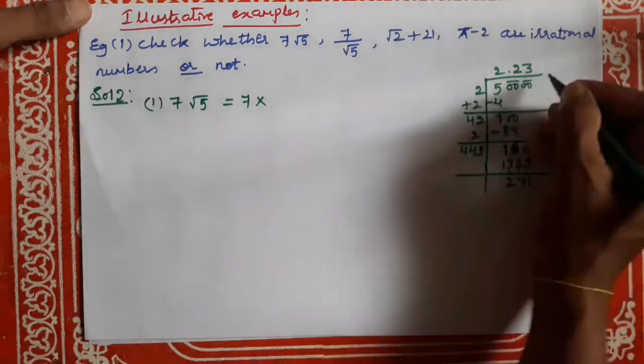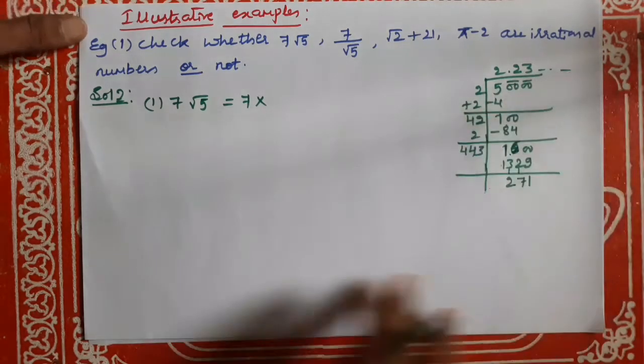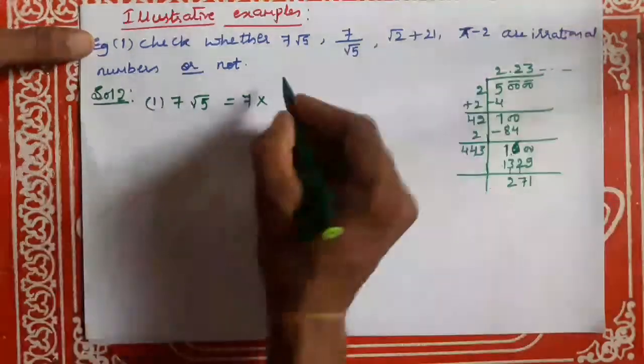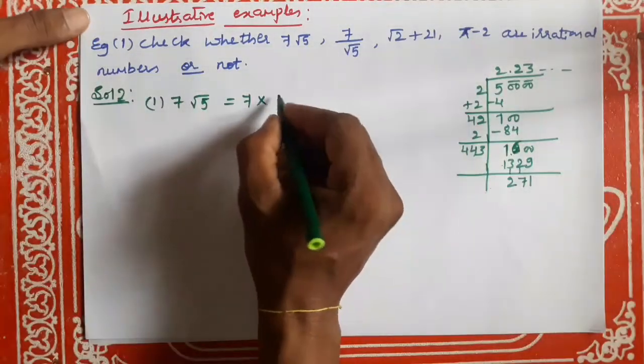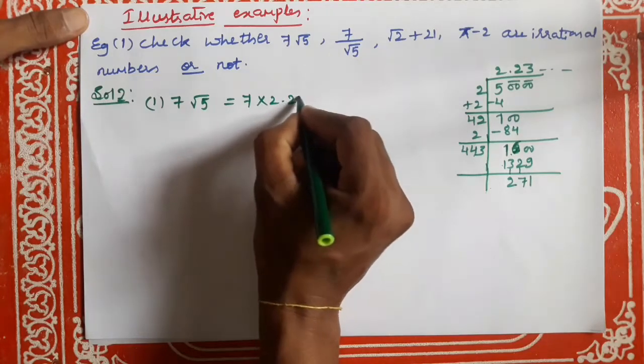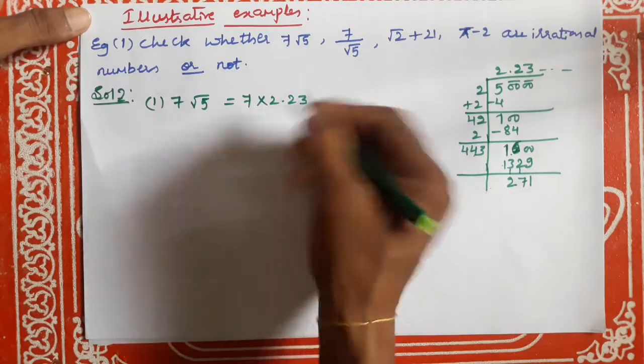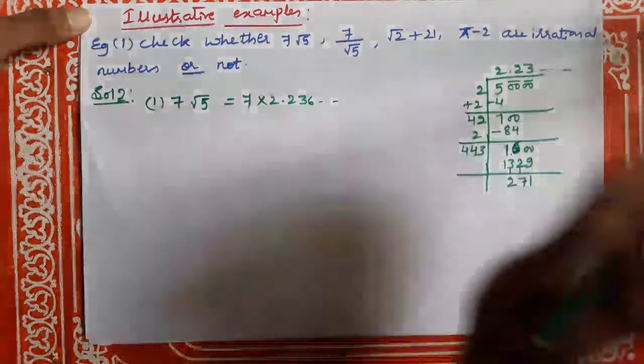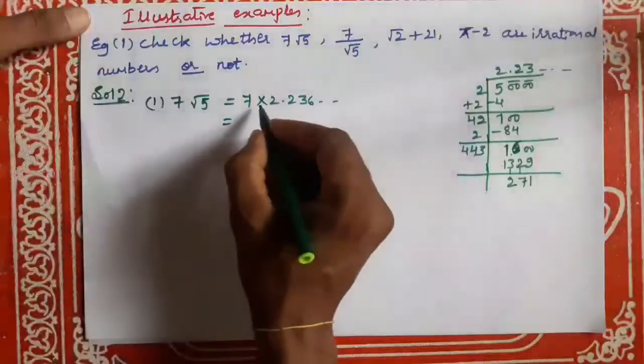It will continue the same way. Therefore 7 is multiplied by 2.236 and so on.